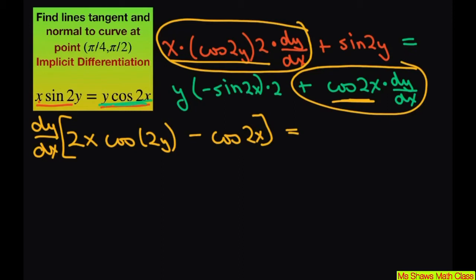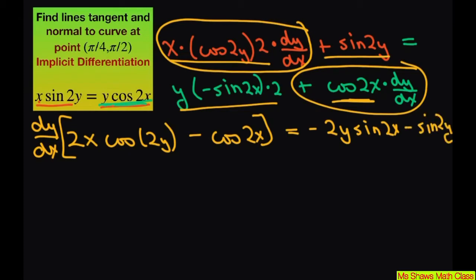On this side, I'm going to have a negative 2y sine of 2x, and then subtract this, so minus sine of 2y. Solving for dy/dx, we divide both sides.